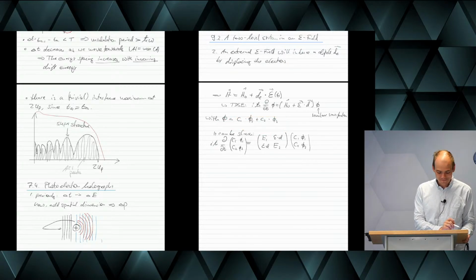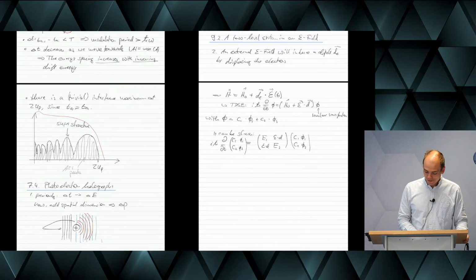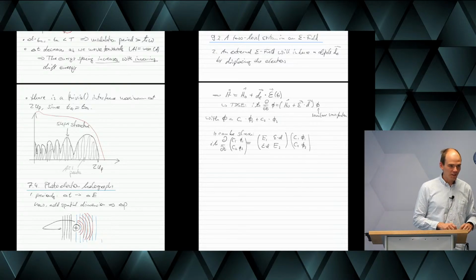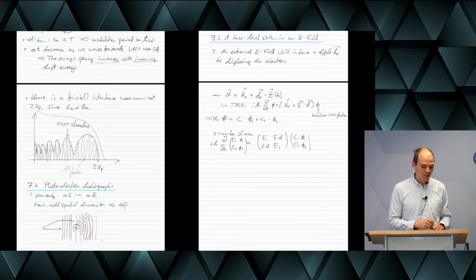Okay. Now, when you read the literature or hear scientific talks, people often say the laser field couples these states. I always found that it's a bit of a strange expression.